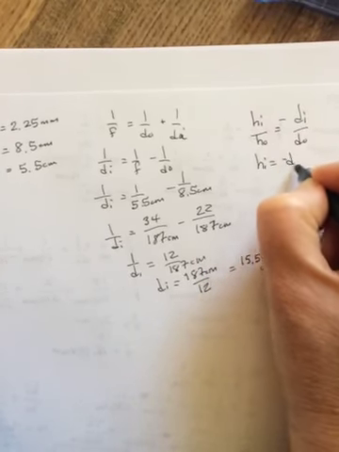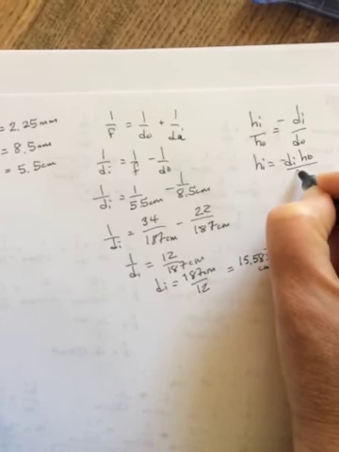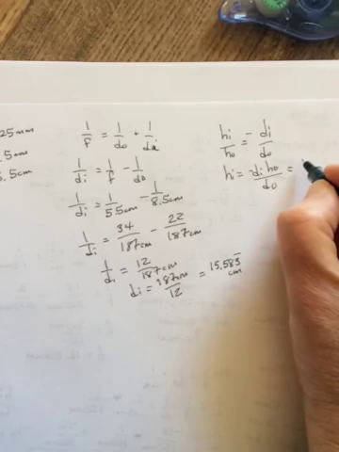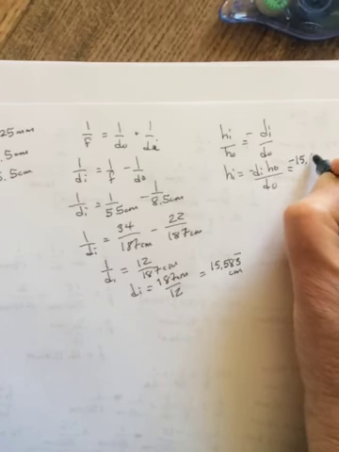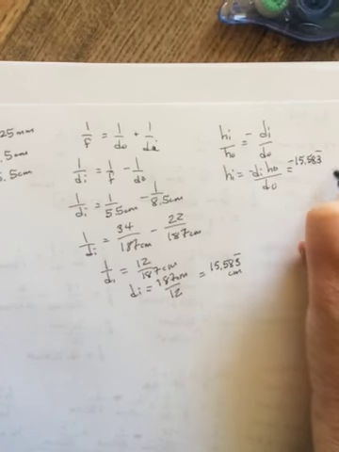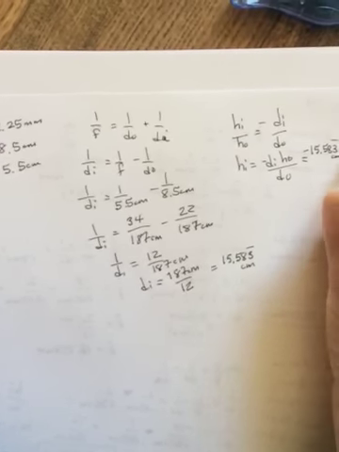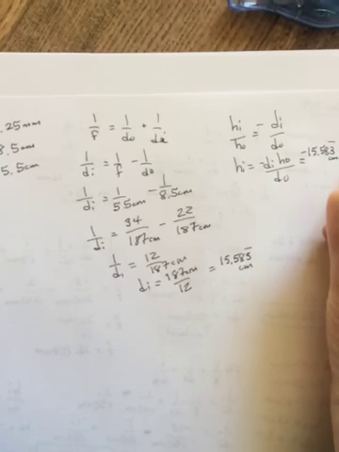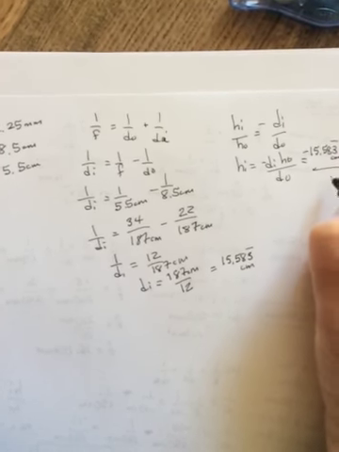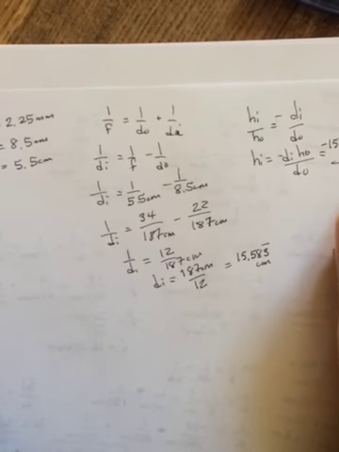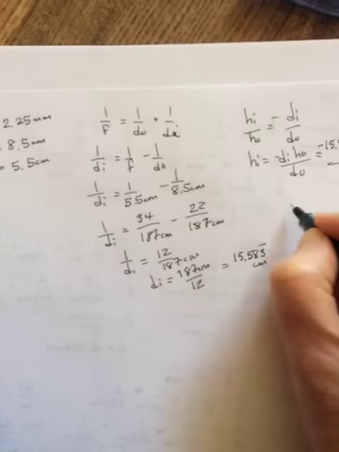hi is equal to, take your ho up, fill in your values, so negative 15.583 with the 3 repeating, times ho, which was 2.25 millimeters, divided by do, which was 8.5 centimeters.